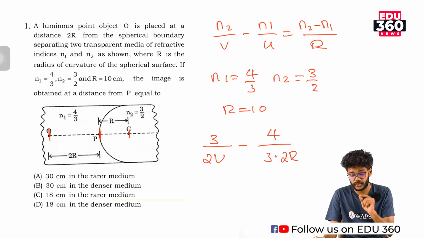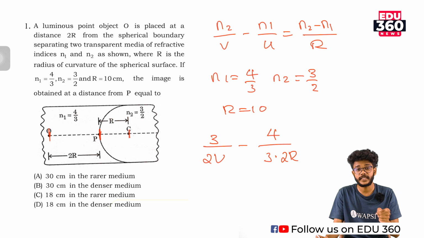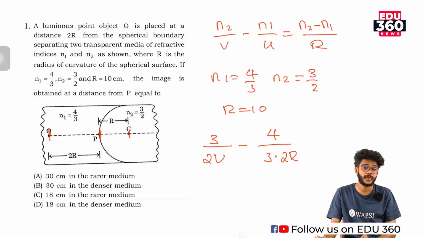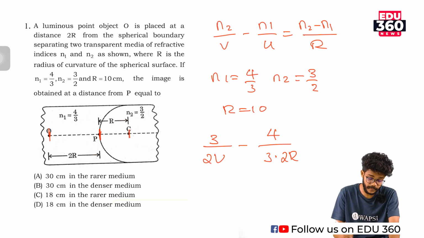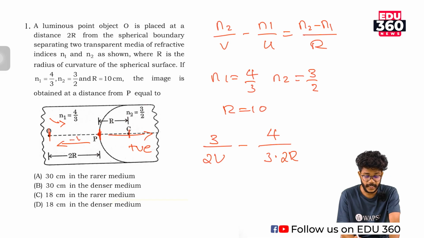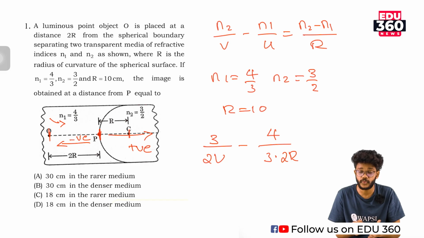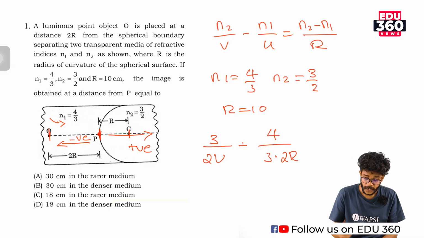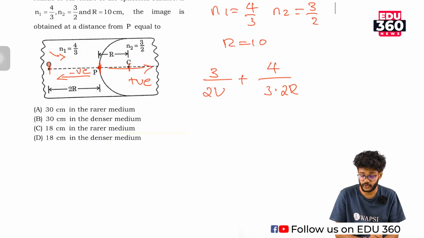Actually, u is 2r, but I have to write u as minus 2r, because using the sign convention, the ray is coming from here and this is the pole. So in the direction of the ray we take positive, so this part should be negative. That's why the 2r becomes negative. So minus 4 by 3 into 2r, which is equal to (n2 minus n1) by r.